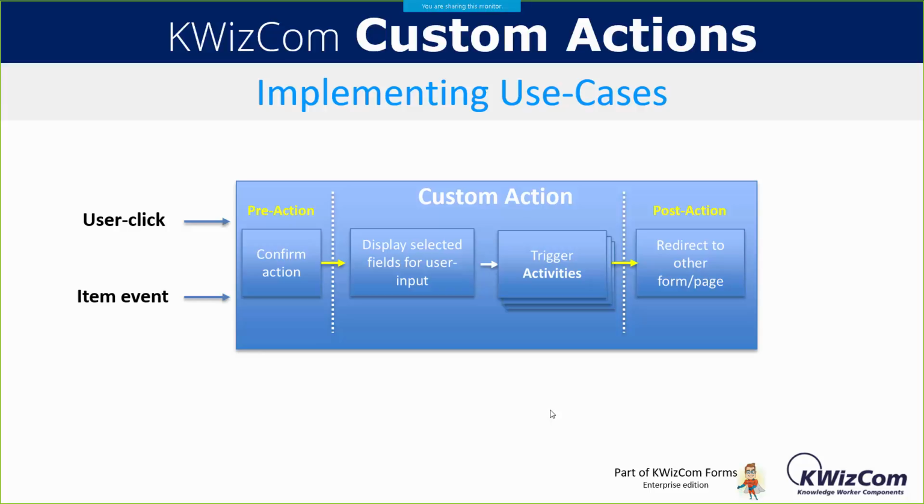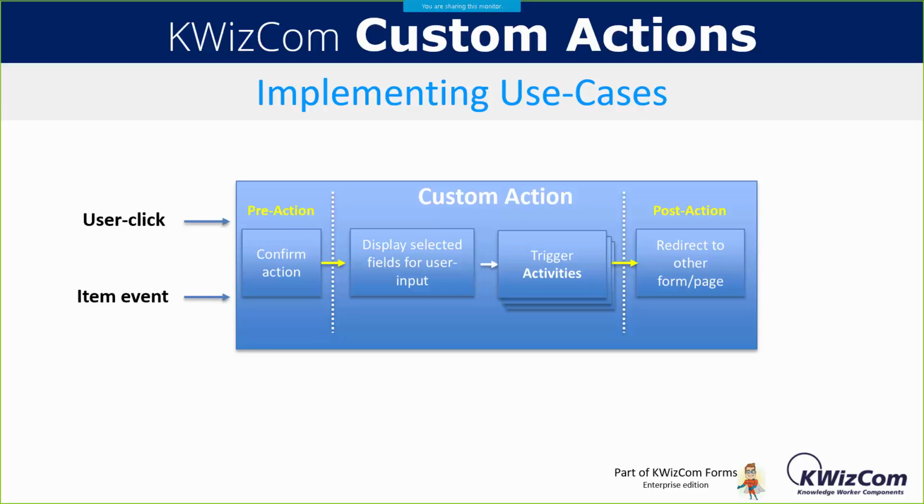Next, a custom action can display some fields. So you can create a mix of human input, a user input, with some automatic activities. Optionally, you can display the fields that you require from a user to provide an input, and then trigger multiple activities.